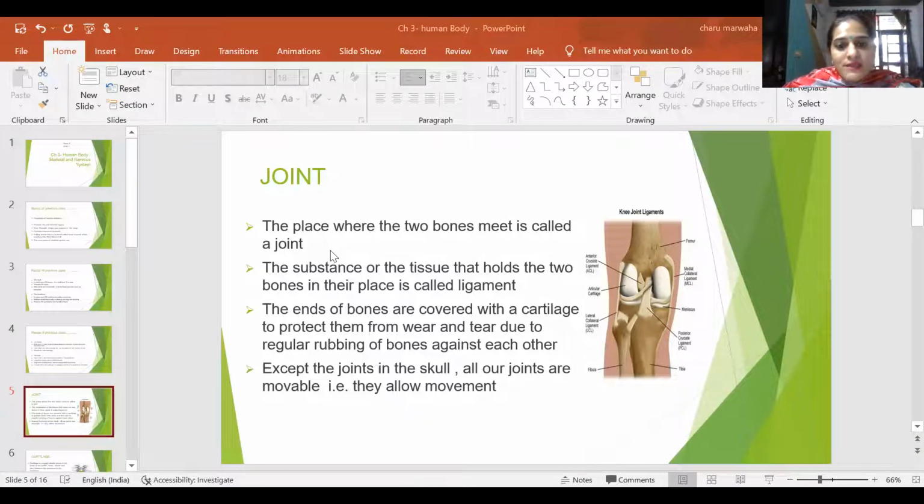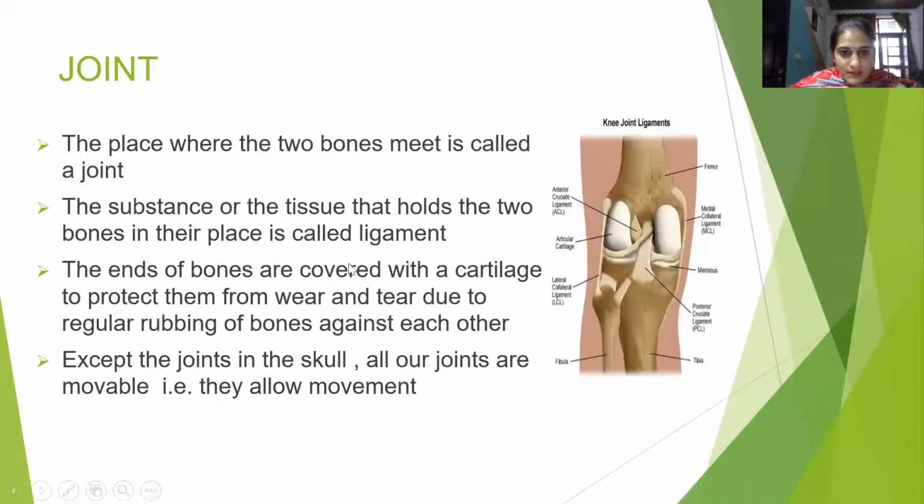The place where two bones meet is called a joint. The substance or tissue that holds the two bones in place is called the ligament. So ligament is the part which helps to join or hold two bones together. Can you see this in the diagram also? There are two bones. It is a bone of the knee joint.